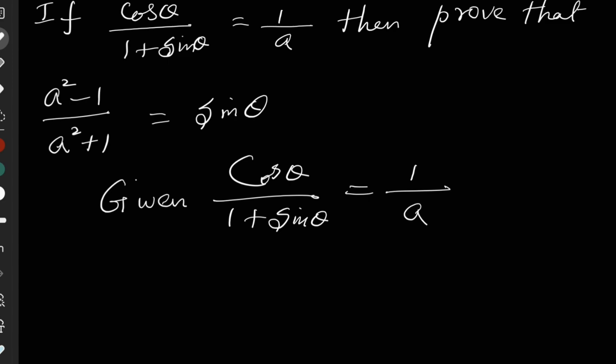First, find a squared alone. Here it's given 1 by a is this fraction, so a is in the denominator. Just you take the reciprocal of this a, that is a by 1, a. At the same time, you take the reciprocal of this fraction also, 1 plus sin theta by cos theta.